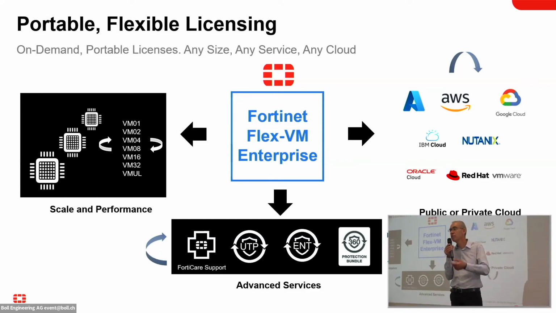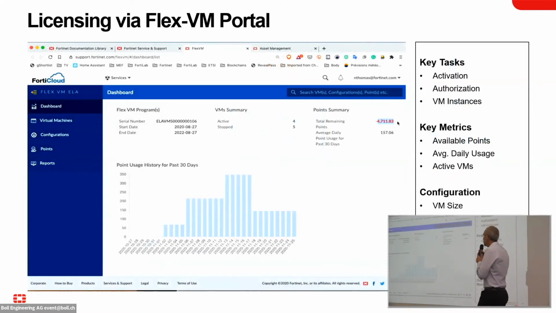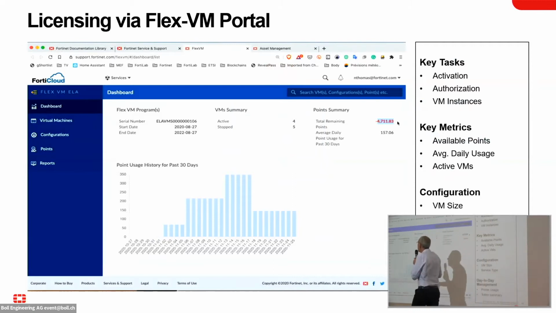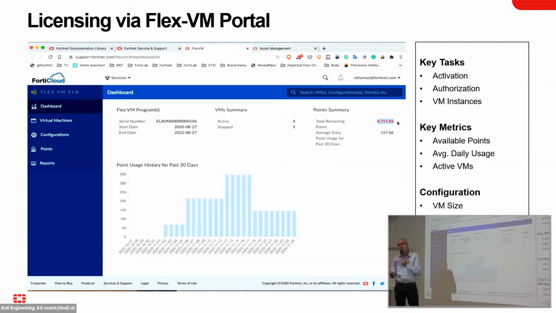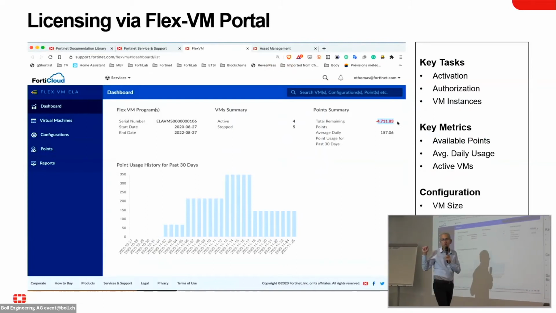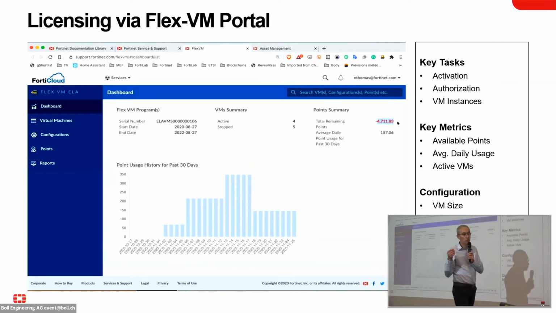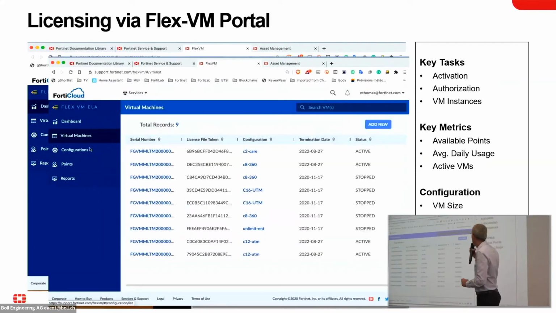Every time, we create a token from a FlexVM portal that looks like this. You create a token, you go into a VM, you create a virtual machine FortiWeb license dynamically by a click of a mouse. Then you get the token, you deploy it through the APIs. This is how you generate the tokens.